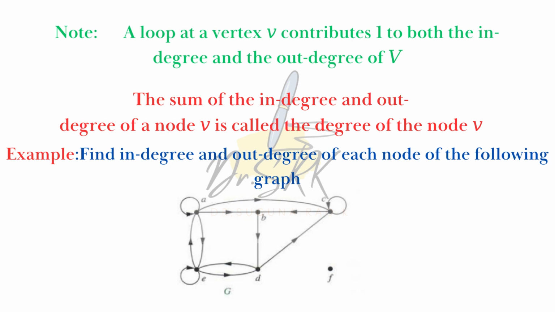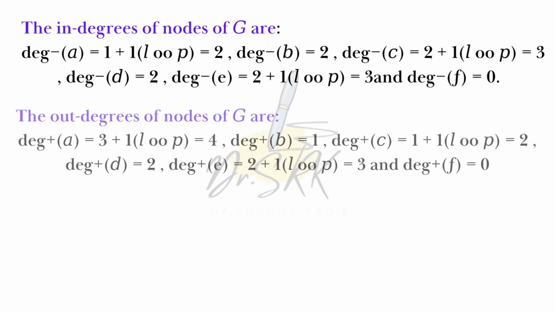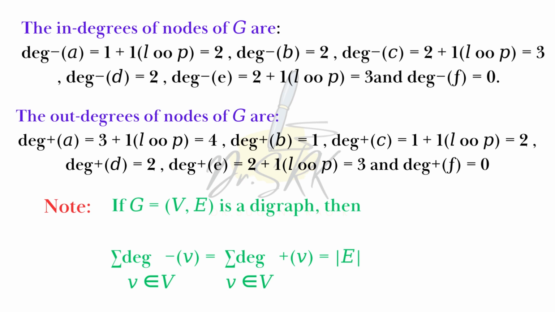Of the two edges, one is a loop. That's why we write in degree of A equals 1 plus 1, that is equal to 2. Degree minus of B equals 2.